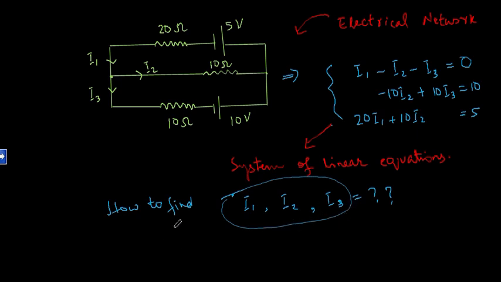Now the problem is to find the values of the unknowns I1, I2, I3, which we call the solution of the system of linear equations, which satisfies all three at one time.